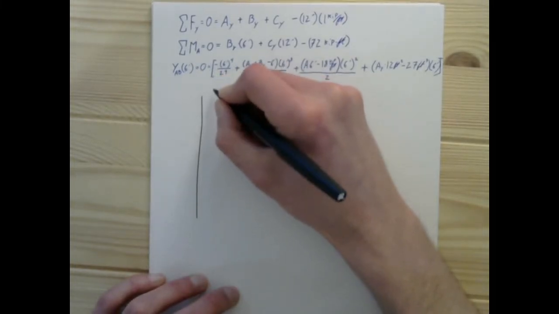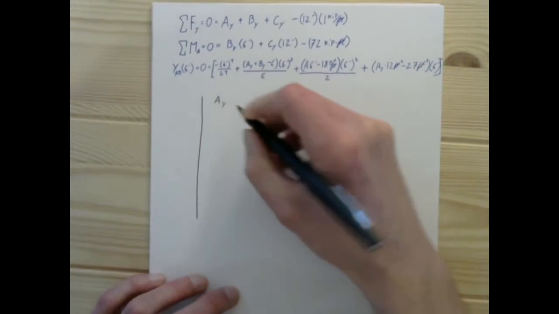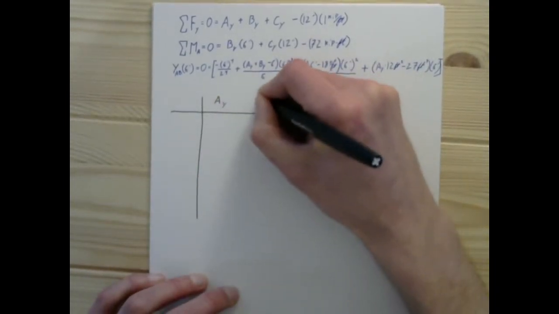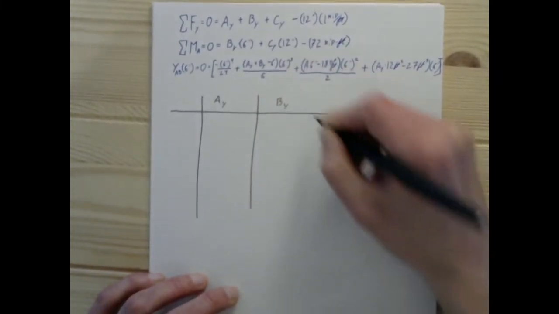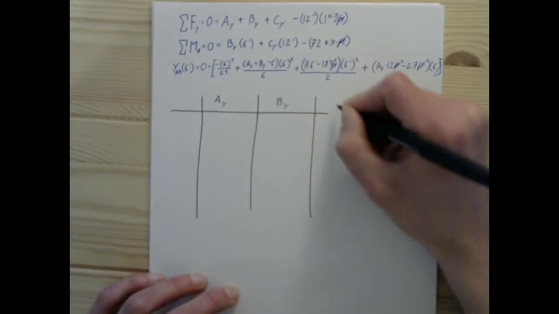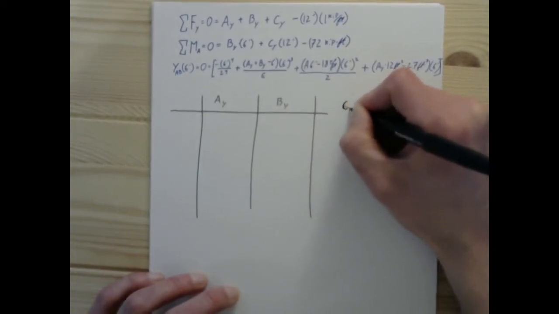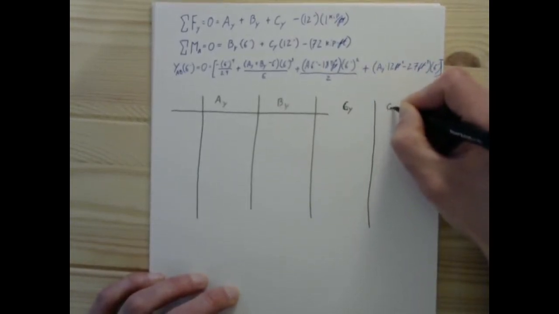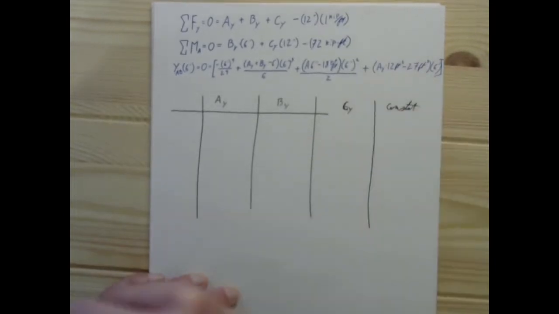So let's start a table. Coefficient for AY, coefficient for BY, coefficient for CY, and the constant.